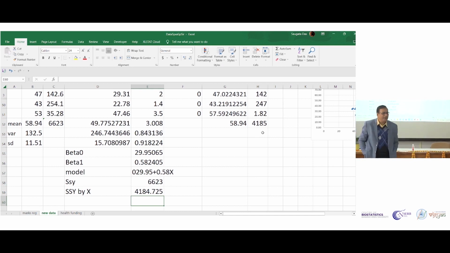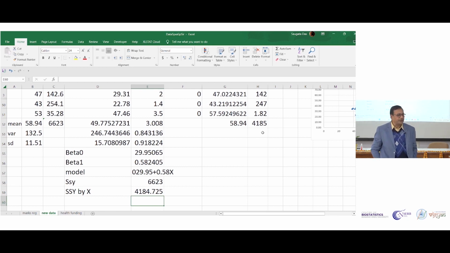So, how much variation of marks is available in which? Next question is, how much variation of marks is available in X, attendance.